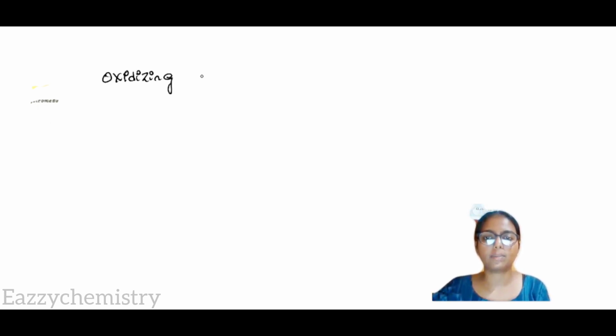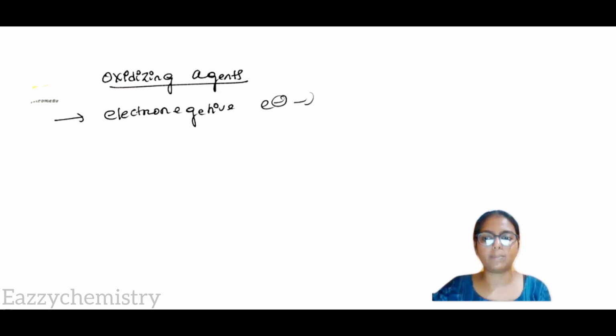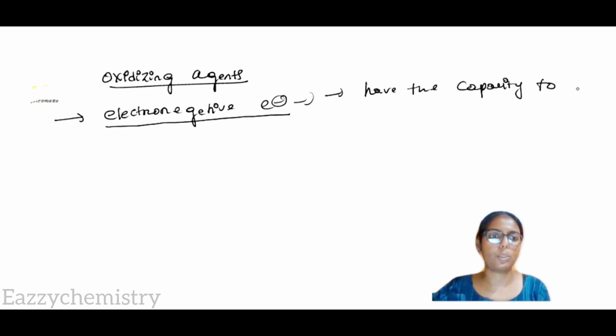Oxidizing agents. Here the molecules are made up of electronegative elements. Why particularly electronegative elements? That is because these electronegative elements have the capacity to gain electrons.